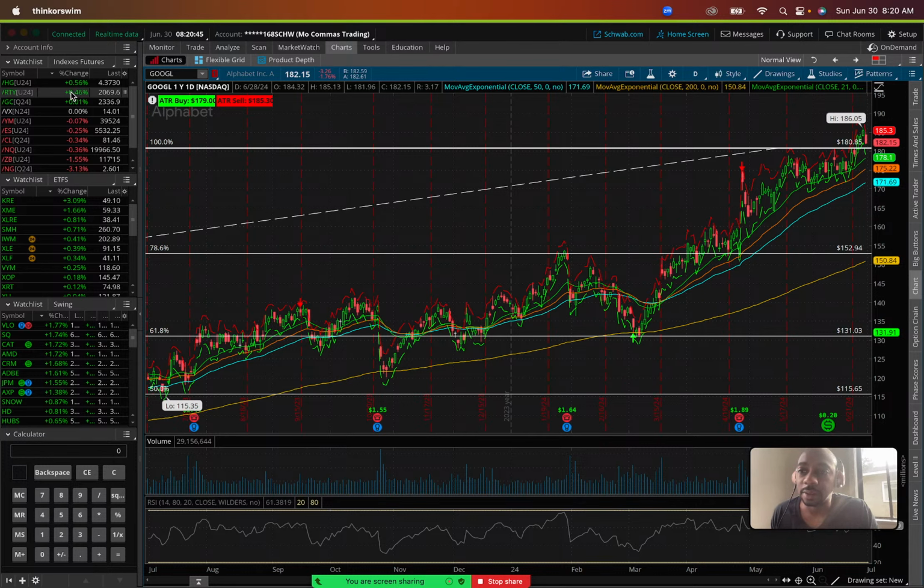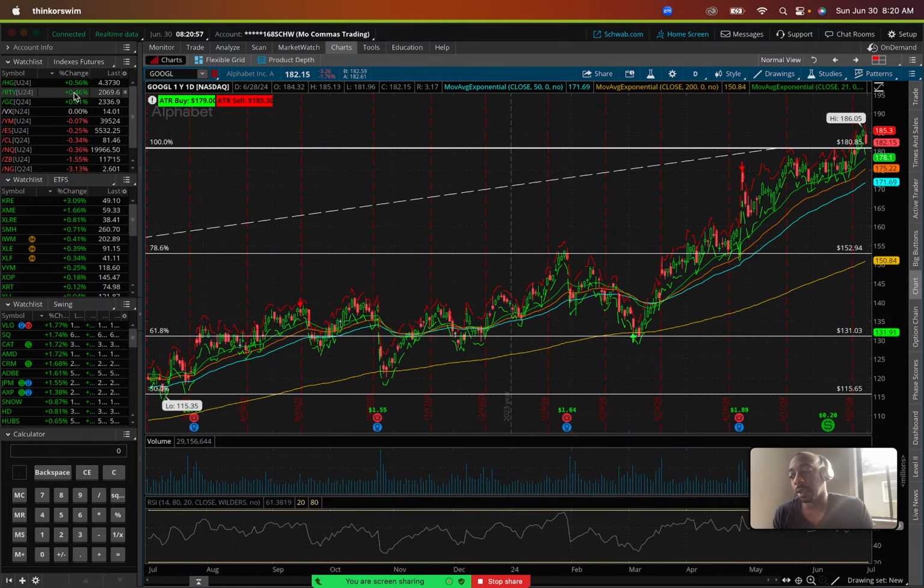So when you want to take Google to the upside, let's say you're day trading Google, Isaac. If you think Google is getting ready to reverse and head back up, it would be great if you saw the NQ or the NASDAQ and SPY up as well, but mostly the NQ because that's the index it's going to be tied to.